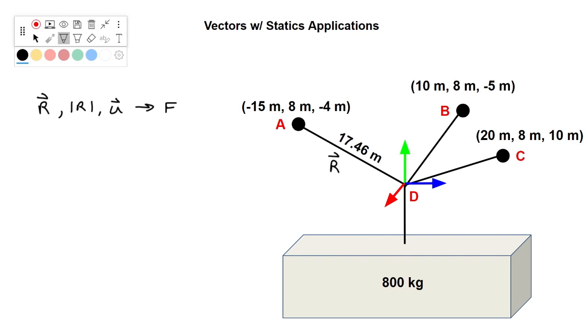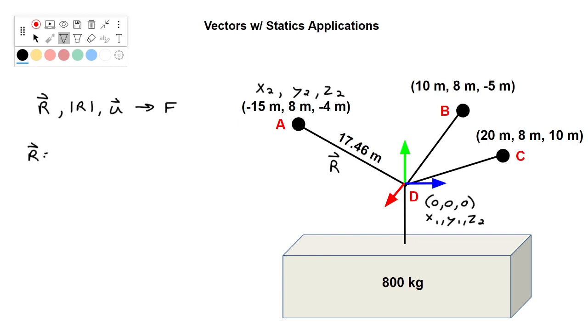To get the vector, we need 2 points in space. We have our origin here at 0, 0, 0, and then we have our point A, and we'll call this x2, y2, z2. And then this is obviously x1, y1, z1. So we have our 2 points in space.